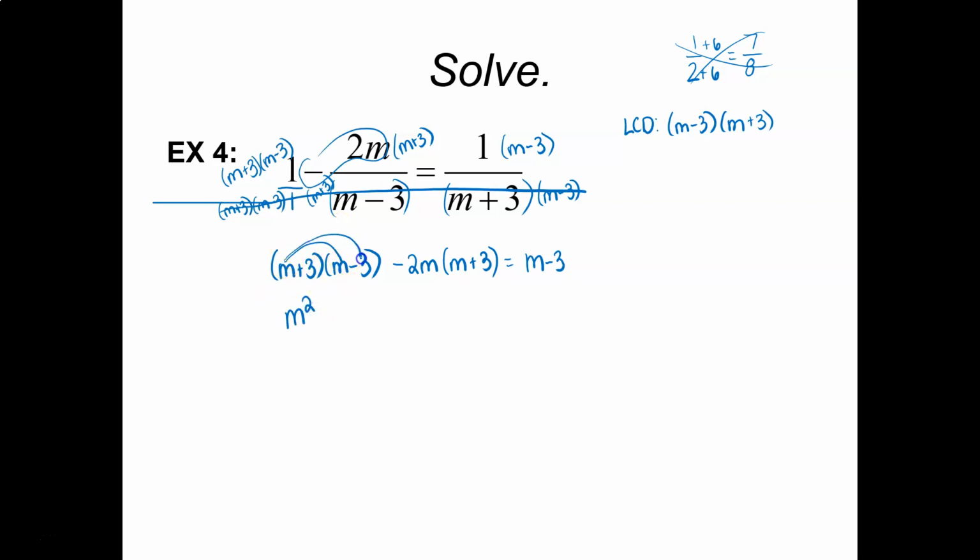And then I'll get negative 3m and positive 3m, which is going to cancel. And then 3 times negative 3 is negative 9. And I will distribute my 2m, so minus 2m squared minus 6m equals m minus 3.